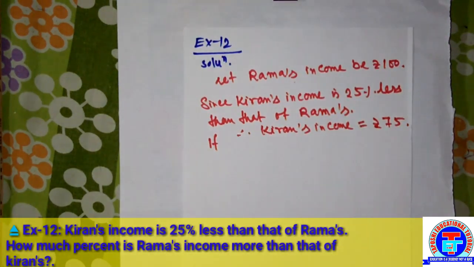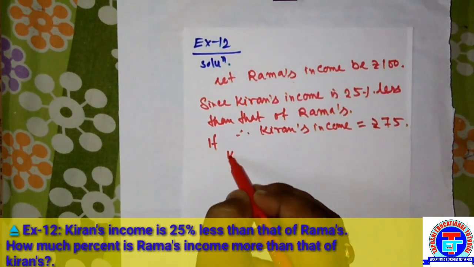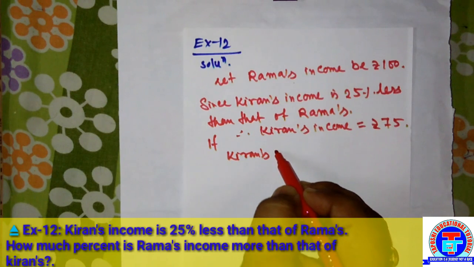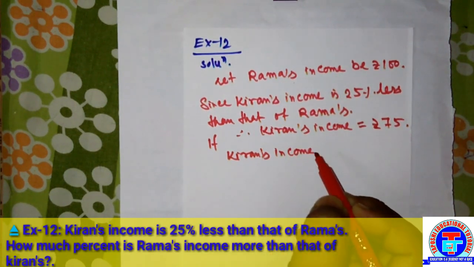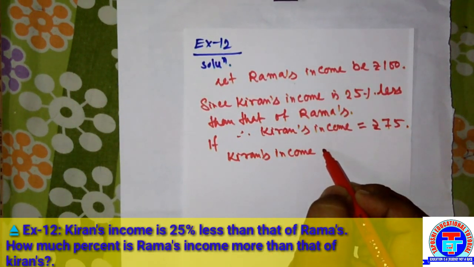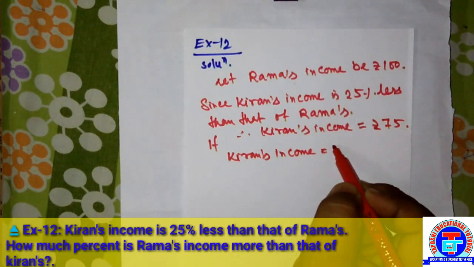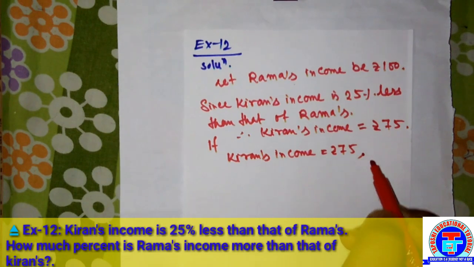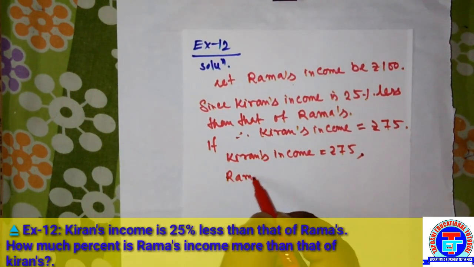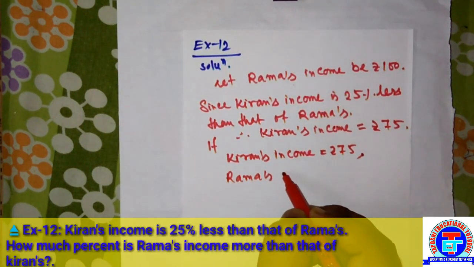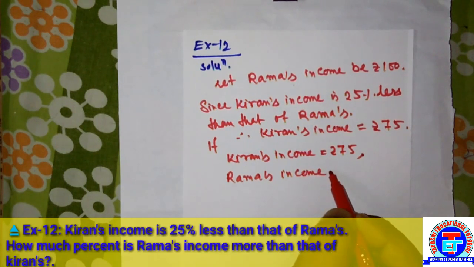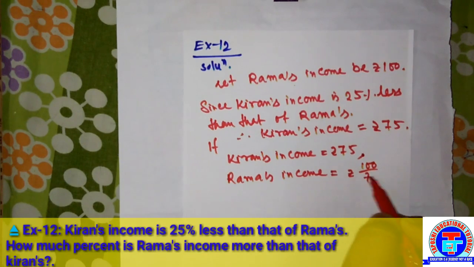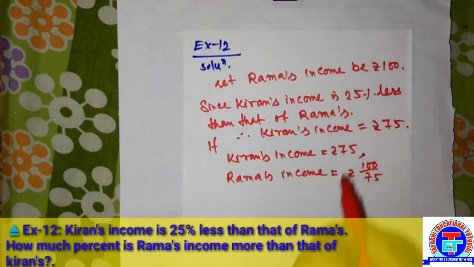Right? If Kiran's income is equal to rupees 75, then Rama's income became rupees 100 by 75. Right?